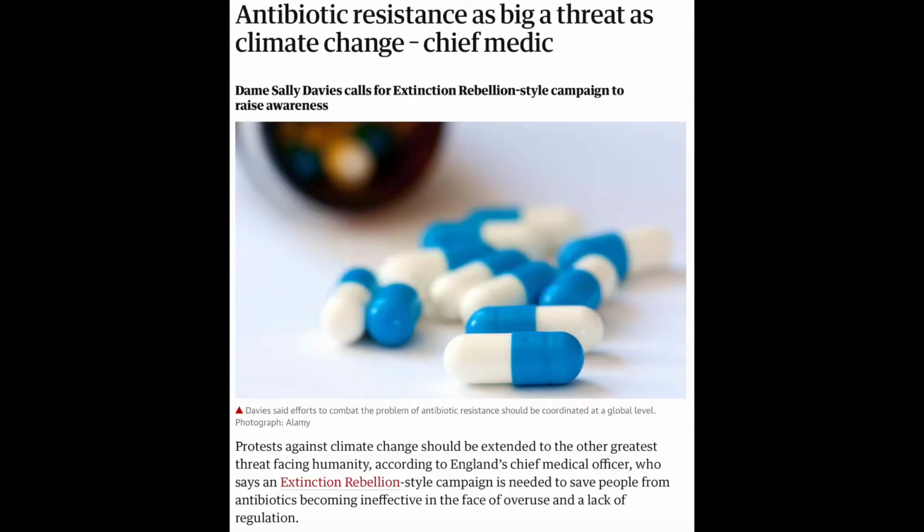Okay, good. So today we're going to look at antibiotic resistance, and previously when I've taught this lesson earlier in the year or earlier in last year, I always start by showing this article here about how the Chief Medical Officer of the UK said that antibiotic resistance was the greatest threat to human health, to the future of the planet.